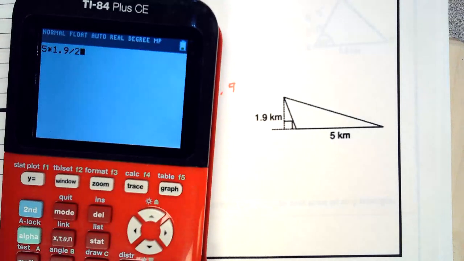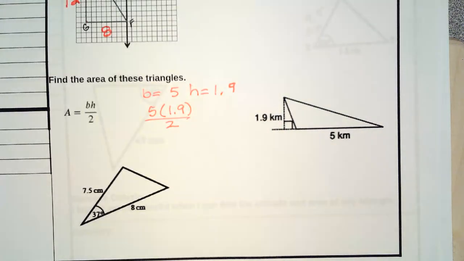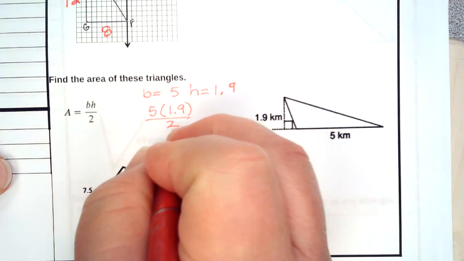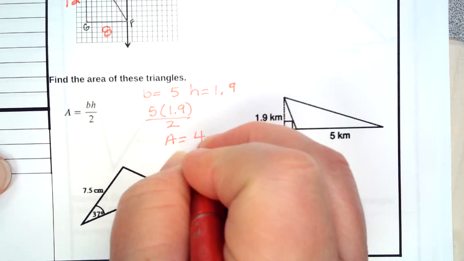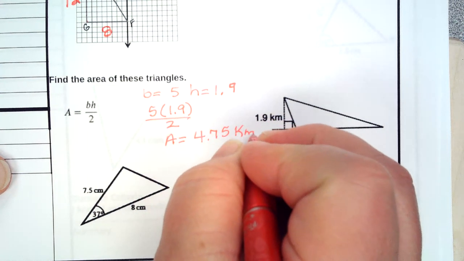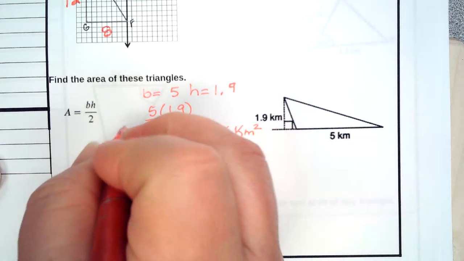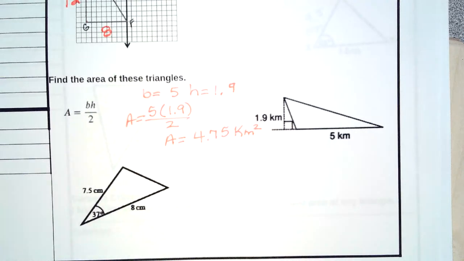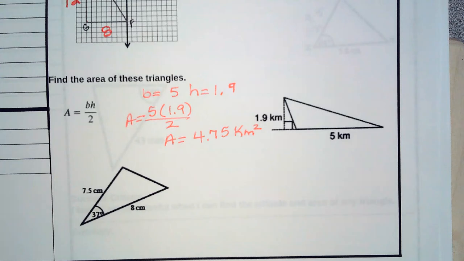So I put it all in at once and I get 4.75. And that will be kilometers squared. So your area is base times height divided by 2.